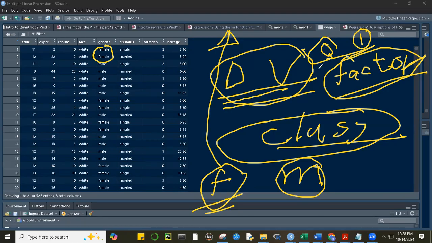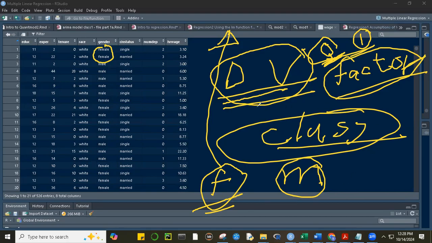Okay, so benchmark class, yung reference, magiging 0 yan. In other words, class, lahat ng gender dito, lahat ng female, 0. So si male yung magiging 1 here. All right?